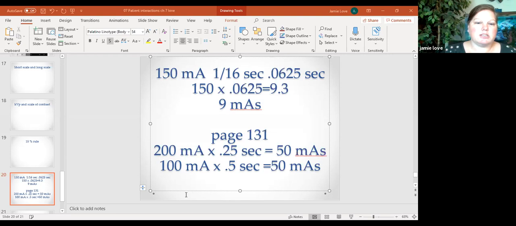If penetration is what controls our contrast, how much penetration effectively tells us if it's going to be photoelectric or Compton. That gives us our shades of gray or our scattered photons on the IR. Scattered photons don't usually make it to the IR, so that's taking away some of our primary beam. That's why it's going to change our contrast if they scatter.